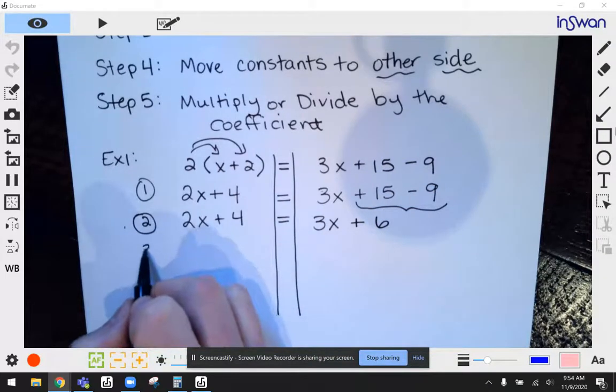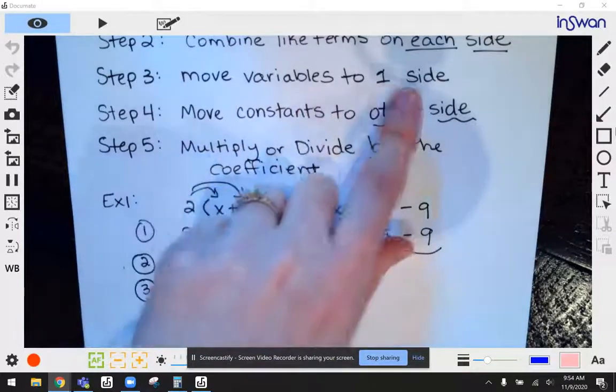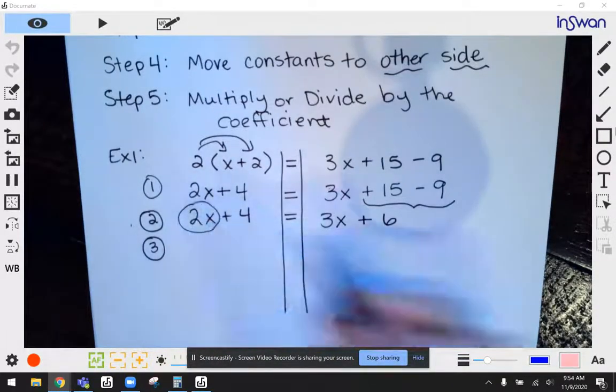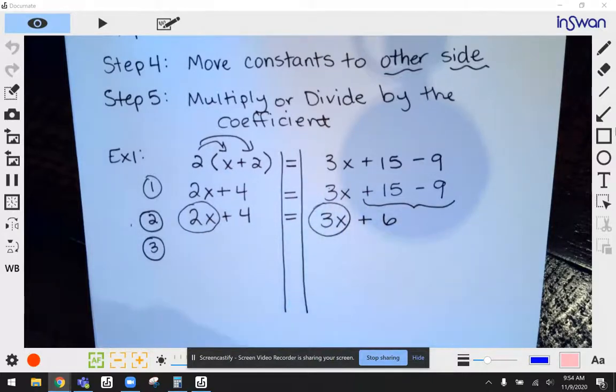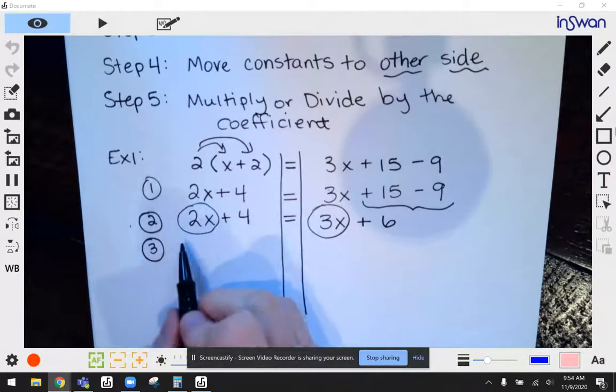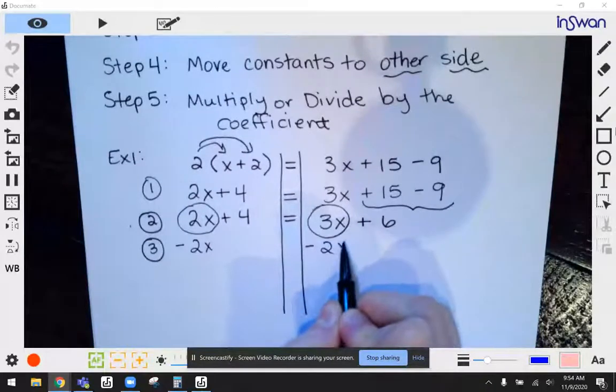Okay, now it's time for step 3. Let's see what it says. Move variables to one side. So let's find our variables. I have a 2x and I have a 3x. I want to get my variables on one side. I'm going to pick the smaller variable and subtract it away. So I'm going to say minus 2x on this side and minus 2x on this side.